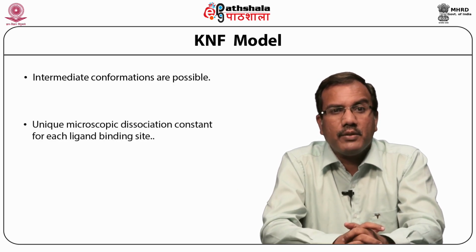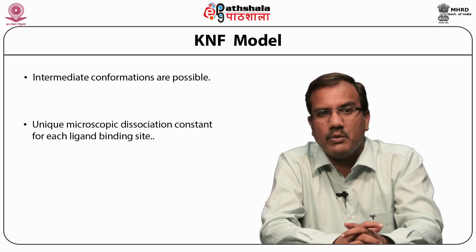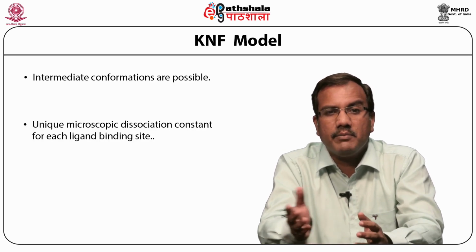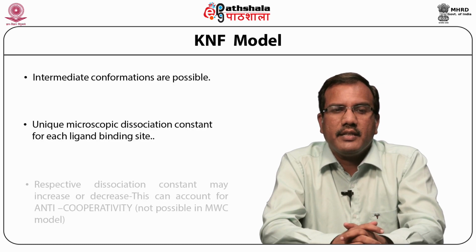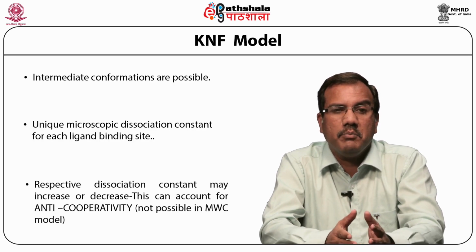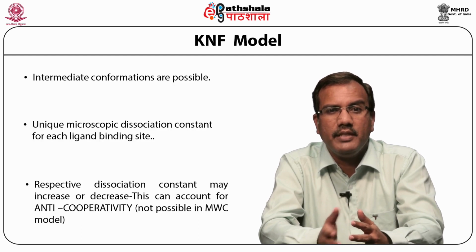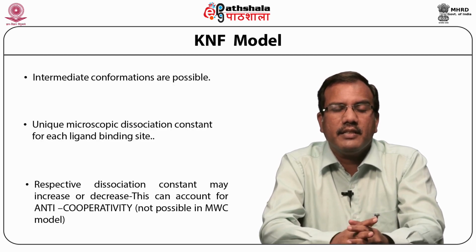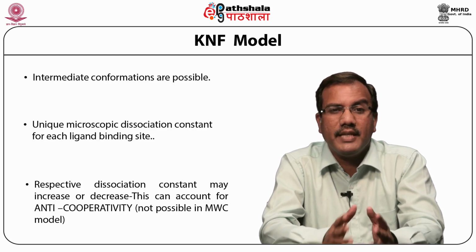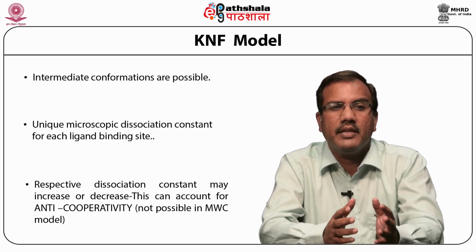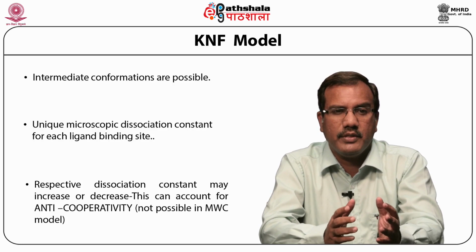There is a unique microscopic dissociation constant for each ligand binding site, so the dissociation constant changes for successive ligands. The respective dissociation constant may increase or decrease. If it increases, that is positive cooperativity. When it decreases, there is negative cooperativity. Thus it can account for anti-cooperativity, which is not possible in the concerted model, or Monod-Wyman-Changeux model.